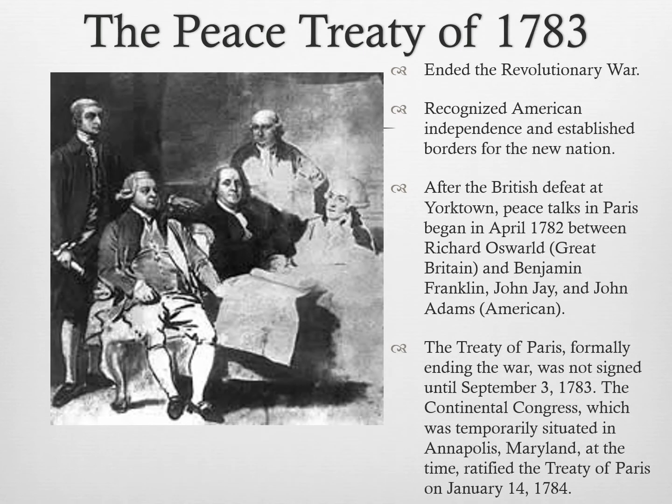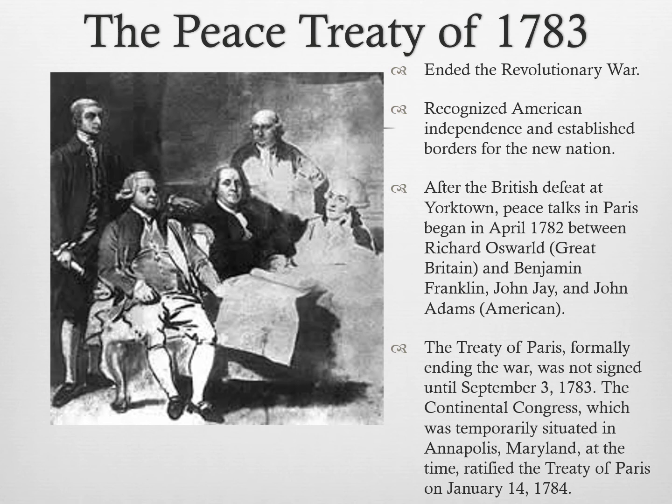You can understand. So this Peace Treaty of 1783, which I just discussed, parts of the failures of it, I wanted to show you this picture because it shows who was involved in it. We met with Great Britain in Paris, there's always a neutral ground for these peace talks.